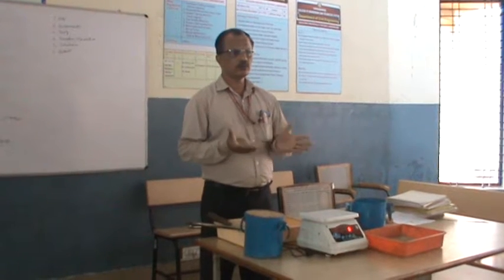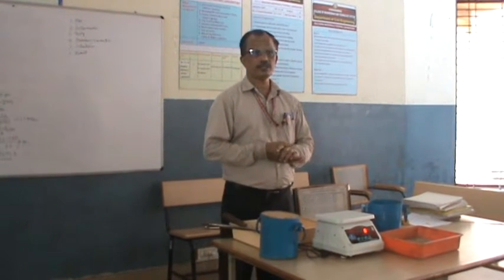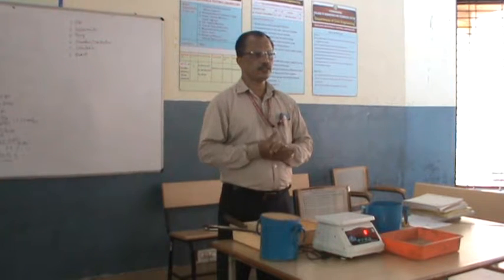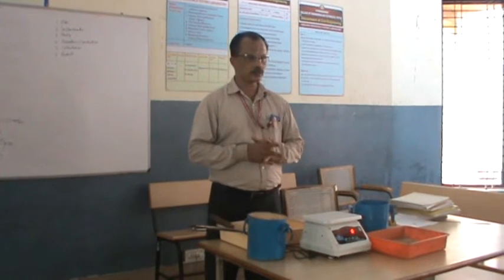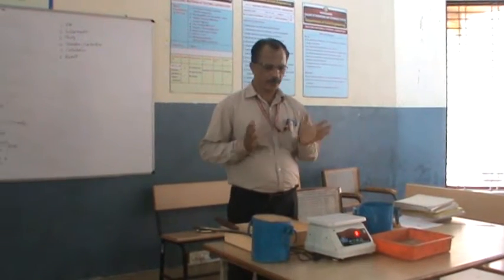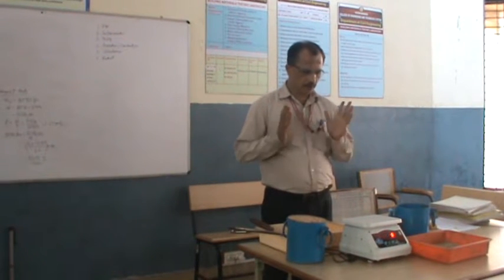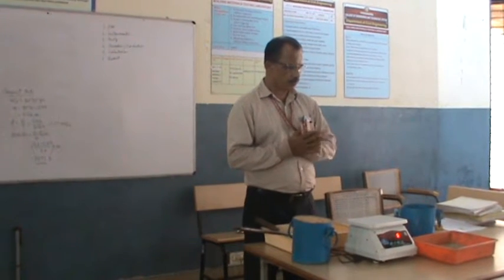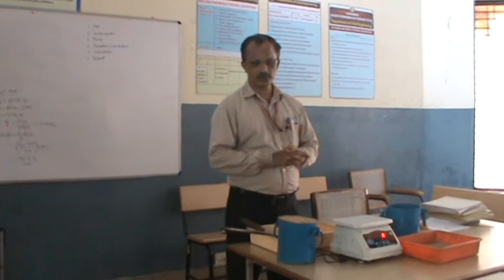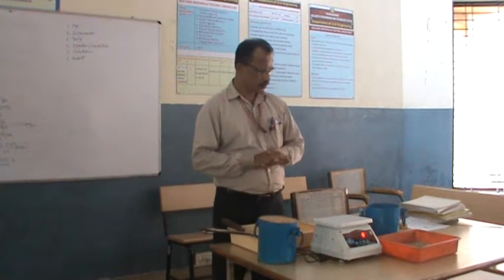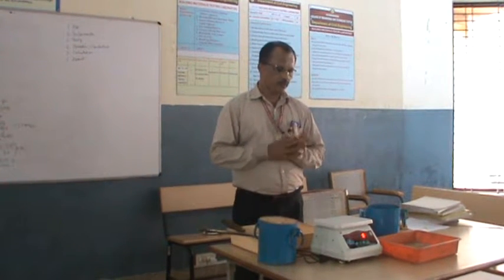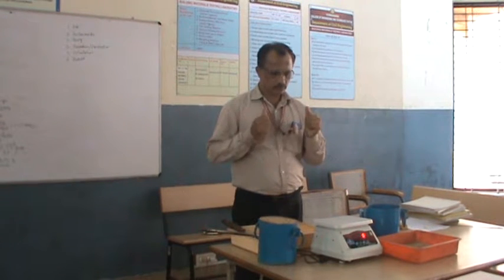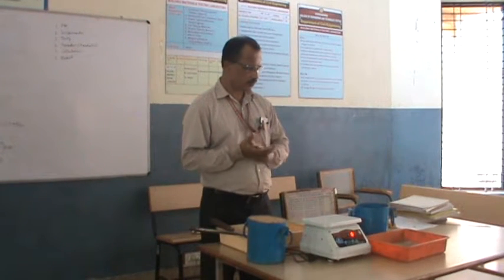As you have studied, bulk density or in general density is the ratio of weight by its own volume. Weight of the substance divided by volume of the substance. Normally, higher the bulk density, stronger is the substance.